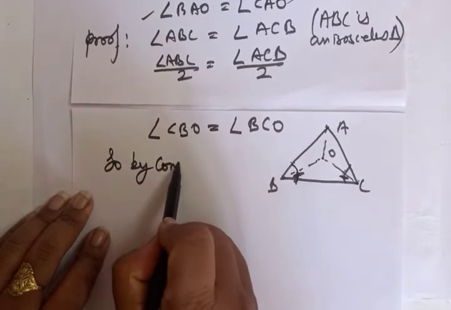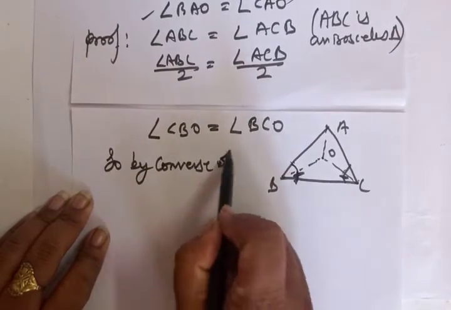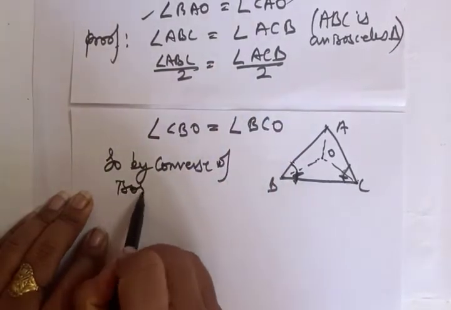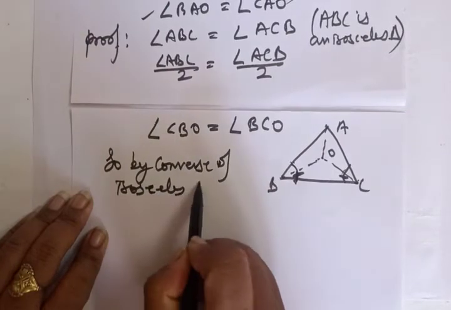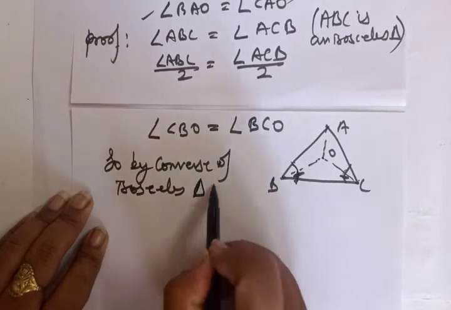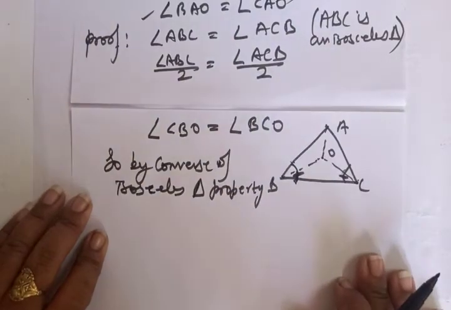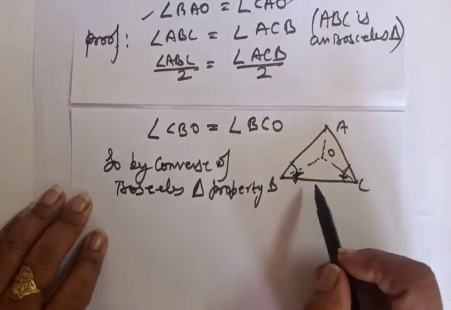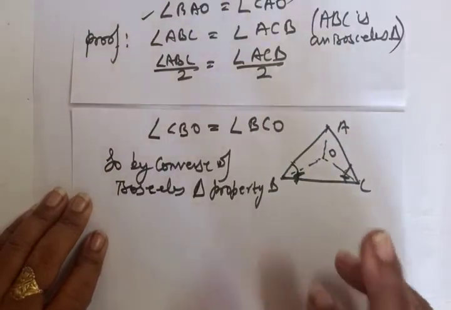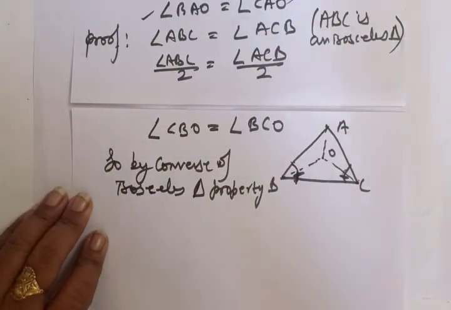So by converse of isosceles triangle property. What is the isosceles triangle? A triangle in which two opposite sides are equal is called an isosceles triangle.